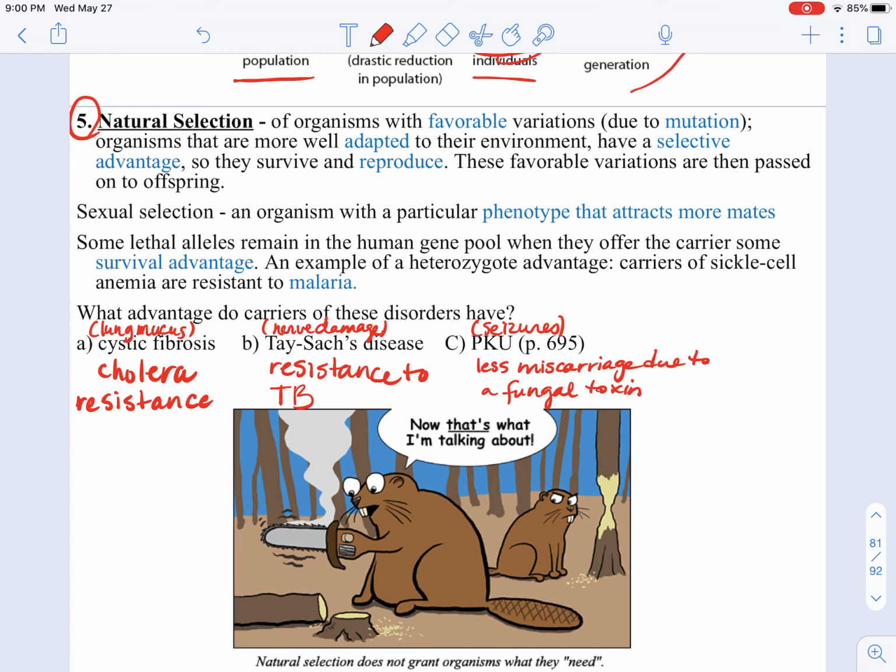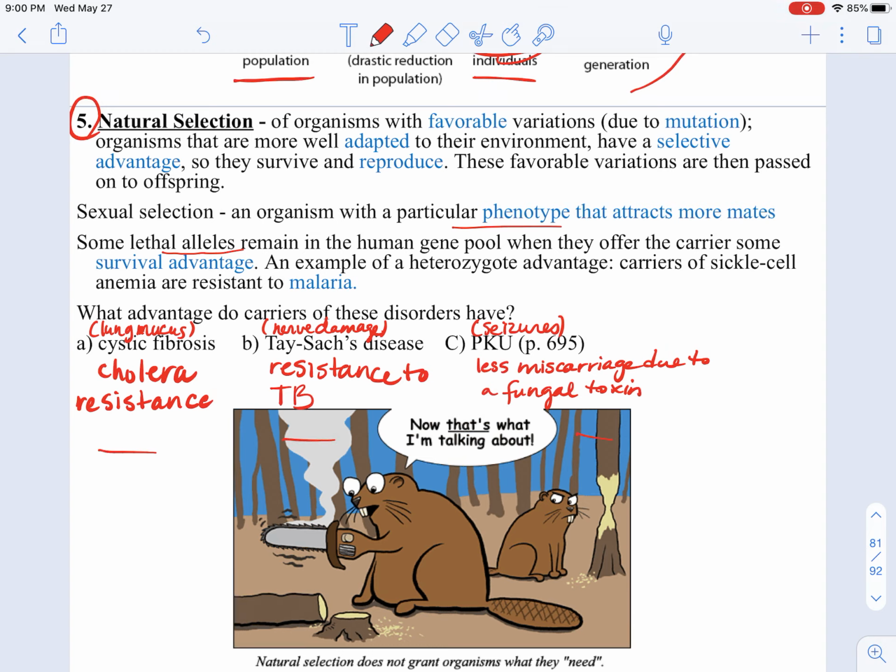So sexual selection is when a certain phenotype attracts a mate. One interesting thing is that some lethal alleles end up staying in the gene pool if the individual has some survival advantage because it carries that allele.